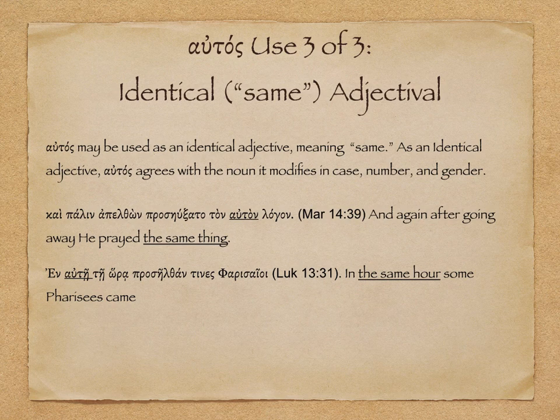Singular. There's exact agreement here. So, personal pronouns, adjectival intensive, self, or identical adjective, same. These are the uses of autos, and autos is one of the most frequently used words in the New Testament. So you'll get used to seeing it, and these patterns will come for you.